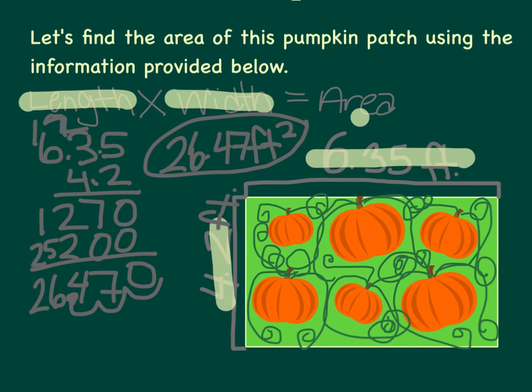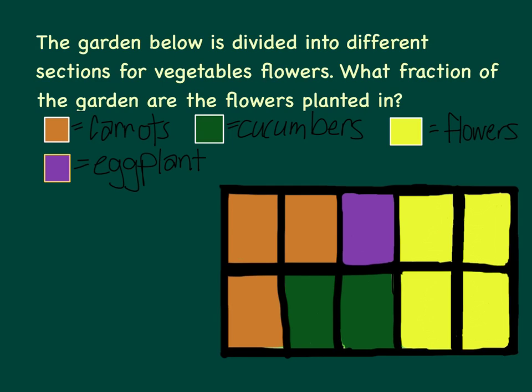All right, on to the next one. For this problem, the garden below is divided into sections for vegetables and flowers. And we want to find what fraction of the garden the flowers are planted in. And this isn't in the question, but I also like to find out the percentage, because once we get there, we'll find that it's fairly easy from here to find that.